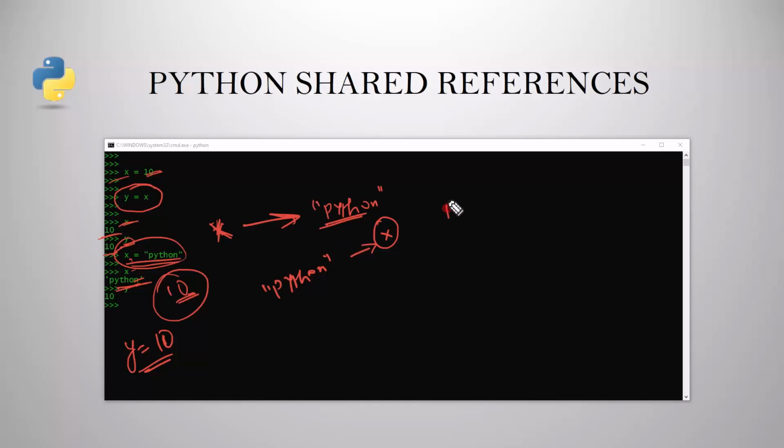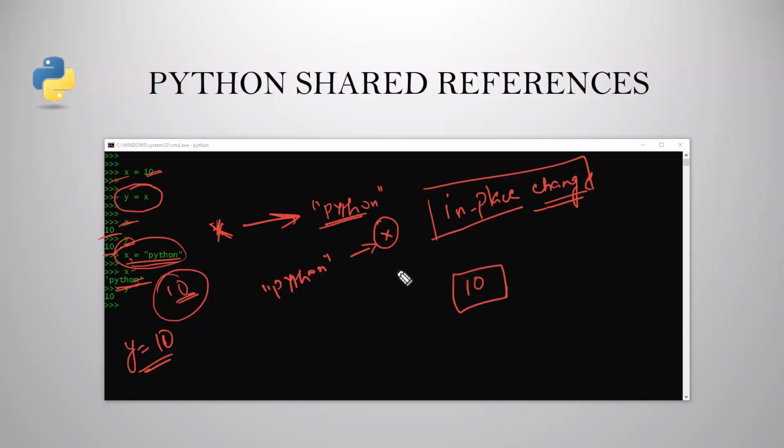So what is an in-place change? In-place change means you have a memory location and you have an object.